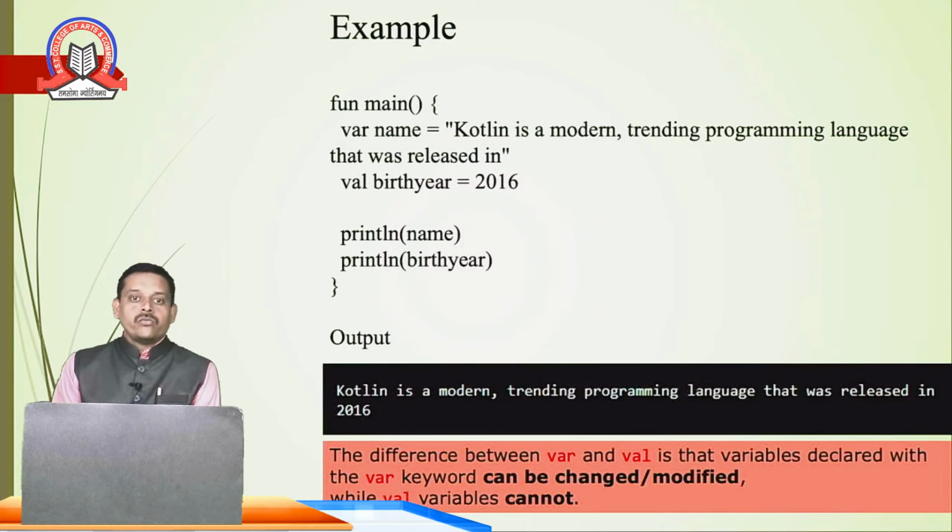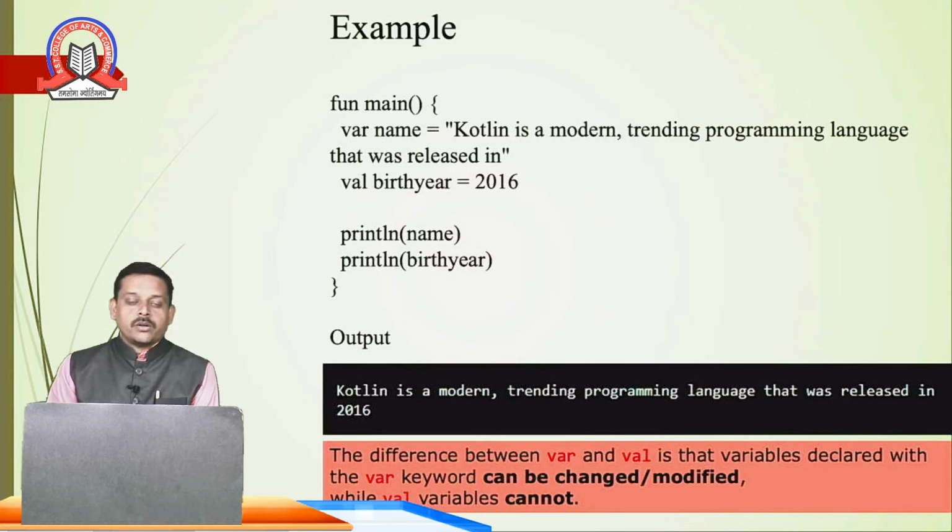After that, we have used another variable which has been declared with the help of the keyword val. The statement is val birth year equal to 2016. So this numerical value 2016 has been given to the birth year variable, which is declared by the use of the val keyword, and we are printing these two values with the help of the println function.